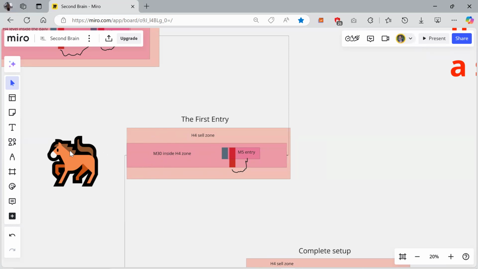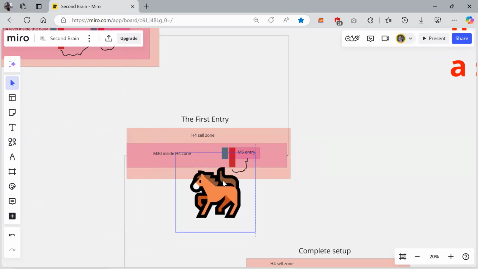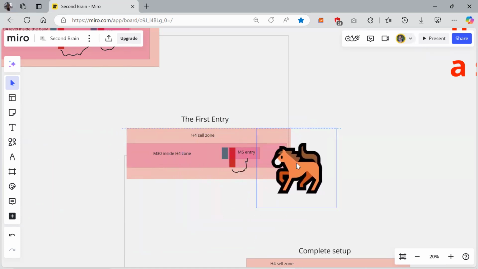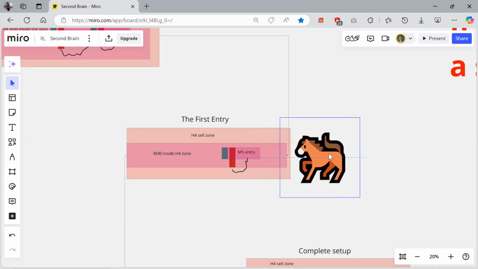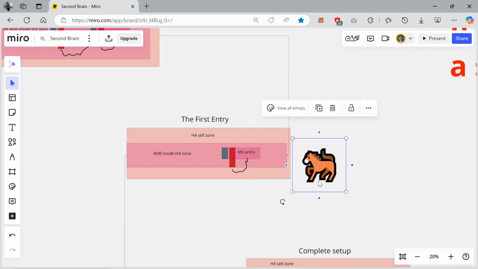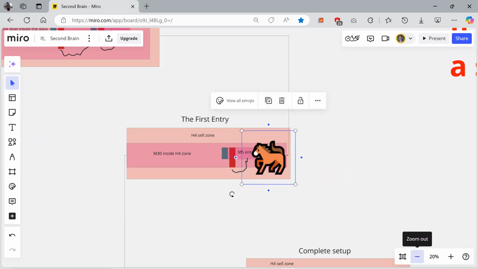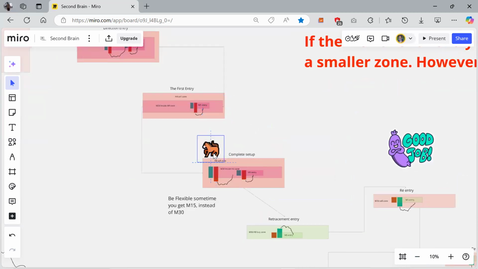Okay, when that happens, we wait till M5 creates an EG or EF. Better if it is EF. Okay, if it's EF, it is a little bit lesser risk. So when our horse gets inside that, we will again jump on it, and we hope that the horse goes this way.